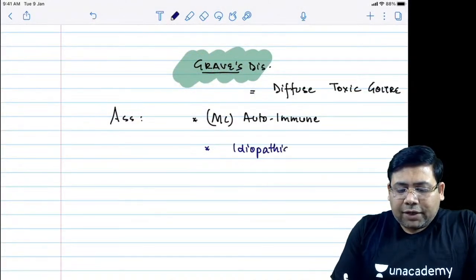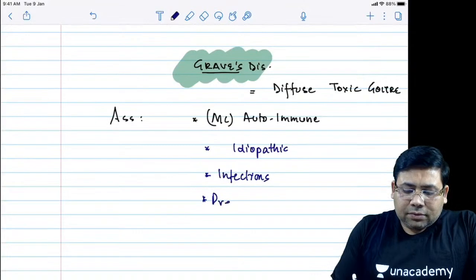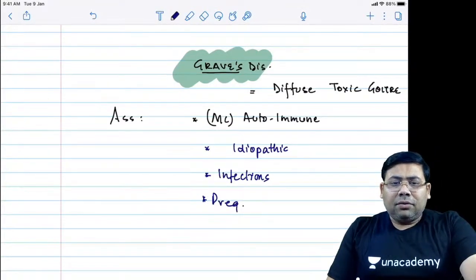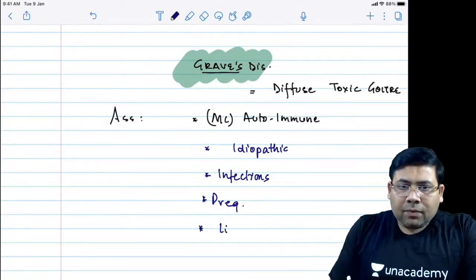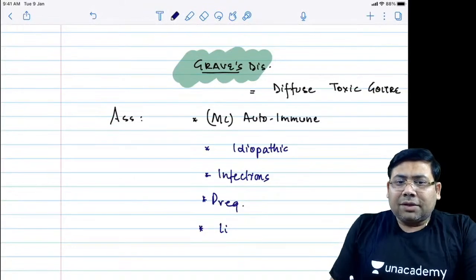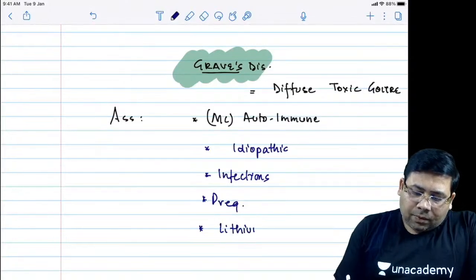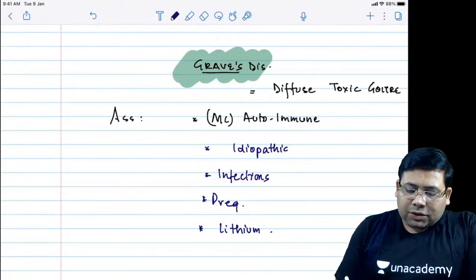They may be associated with infections. They may be associated with pregnancy. They may be associated with lithium. So autoimmune, idiopathic, infection, pregnancy, lithium toxicity.